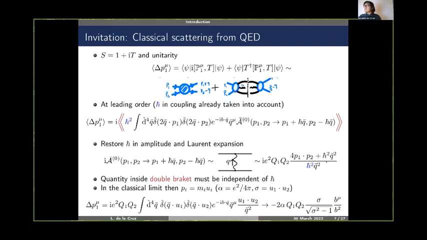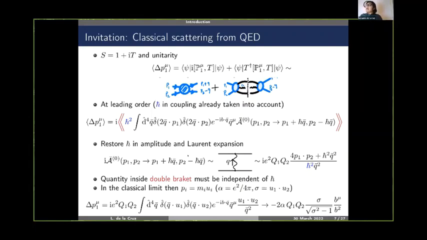If I do the Laurent expansion, you can see that only the first term in the numerator contributes, and crucially, there is a cancellation between this overall factor of h bar and the h bar in the denominator. So the moral is that whatever is inside my double bracket must be independent of h bar.